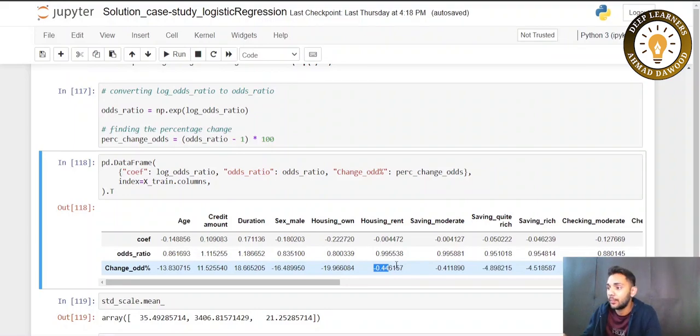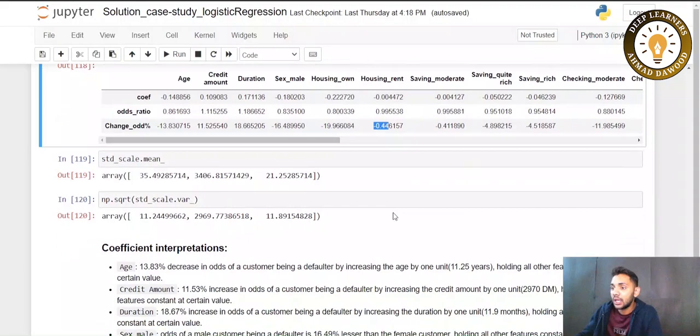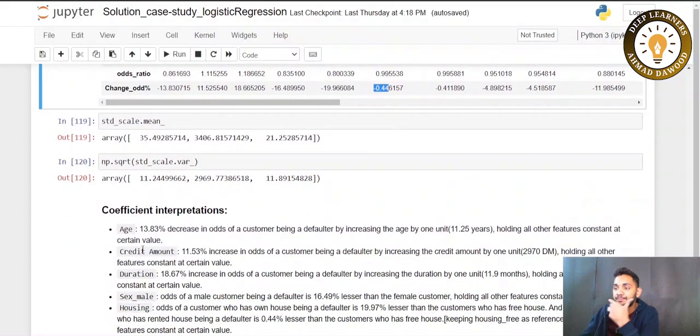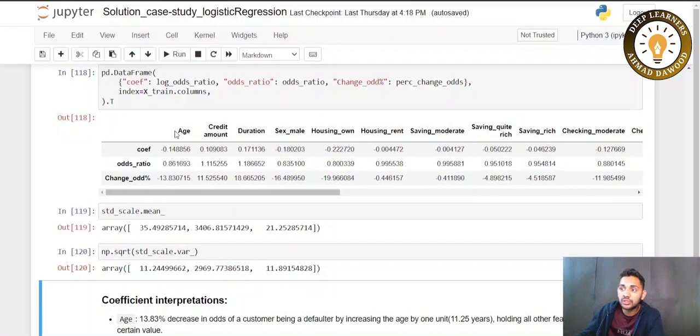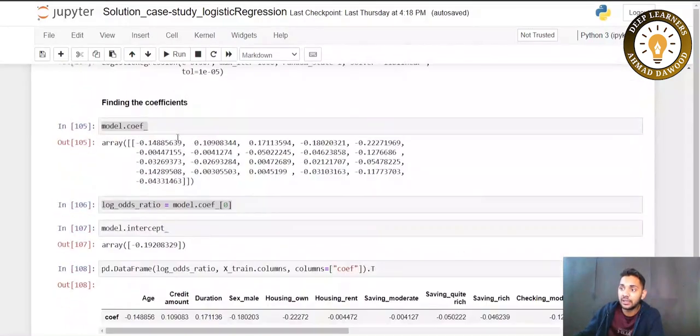Now, another important concept I will discuss here. First of all, we will interpret our coefficients, like age has 13.83% decrease in odds of a customer being a defaulter by increasing the age by 1 unit, holding all other features constant at certain value. Now keep in mind here, increasing change in age by 1 unit means this age column is scaled.